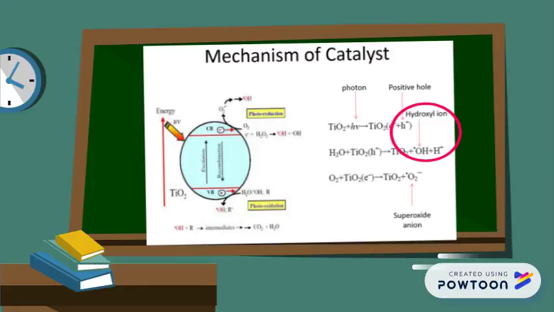If the oxygen attaches to the titanium dioxide electron, then it will form superoxide. So the catalytic oxidation reaction is initiated when a photon of energy higher than or equal to the band gap energy is absorbed by the titanium dioxide catalyst, promoting an electron from the valence band to the conduction band, with simultaneous generation of a positive hole, h+.